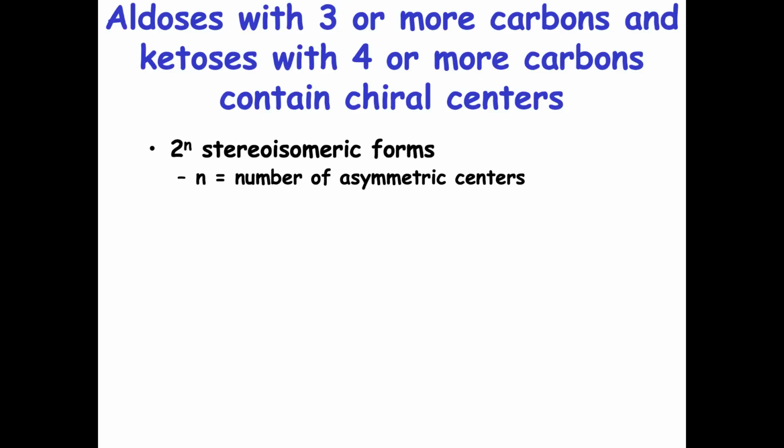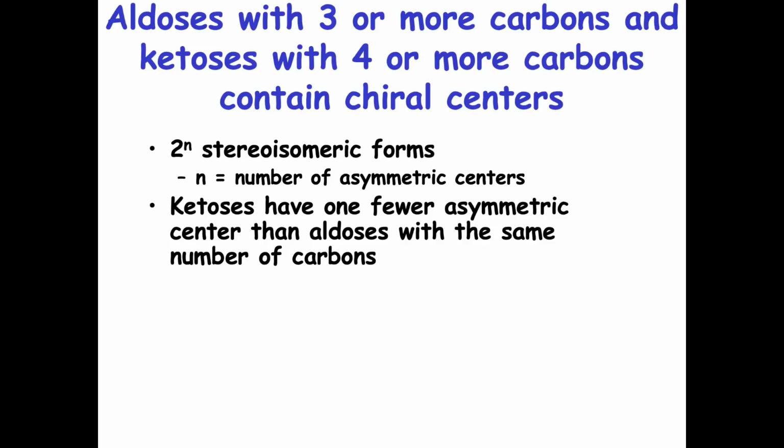For example, glyceraldehyde has 1 chiral center, therefore it has 2 stereoisomers. In contrast, if you had a molecule that had 4 chiral centers, there would be 2 to the 4th stereoisomers, meaning 2 times 2 times 2 times 2, which gives you 16 stereoisomers.